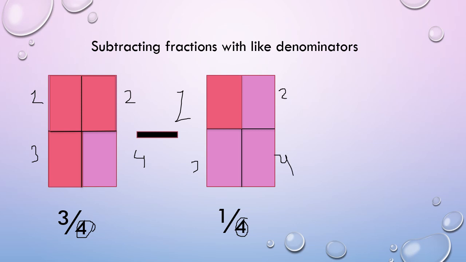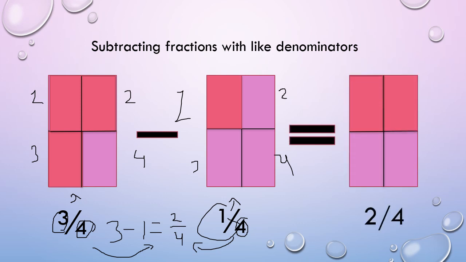So that means that there are 3 selected pieces in this one, and there's 1 selected piece in this one. So we do 3 minus 1 because both the denominators are the same, and we get 2. So now what do we do? Well, we put that over 4 because that's the denominator of both fractions, and we get 2/4.